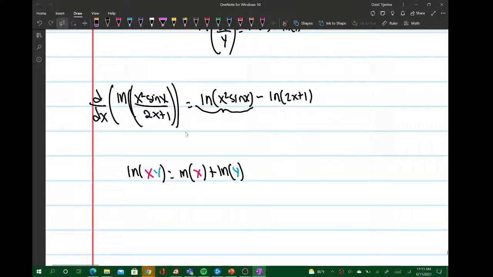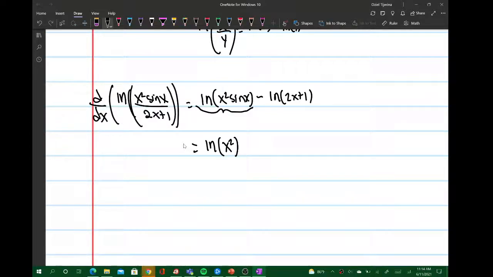So we can rewrite this as the ln of x squared plus the natural log of sine of x, minus the natural log of 2x plus 1.